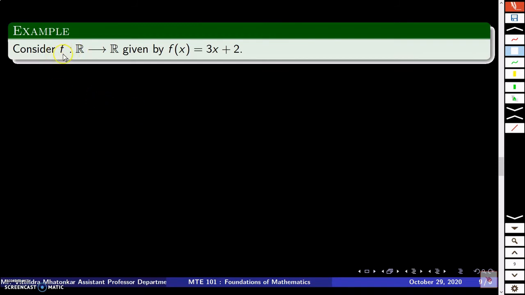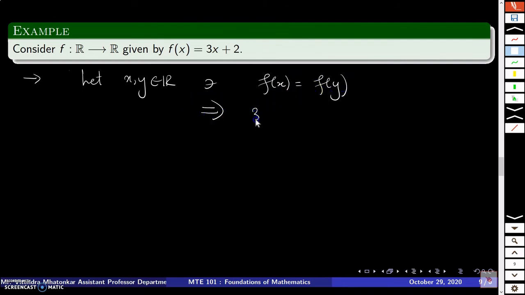Supposing I have a function f from R to R given by f of x is equal to 3x plus 2. I want to check whether this is 1 1 or not. Okay, so what I'll do, I will start with 2 points x and y in the domain such that f of x is equal to f of y. If I am able to show that x is equal to y, then the function is 1 1. So f of x is 3x plus 2, f of y is 3y plus 2.